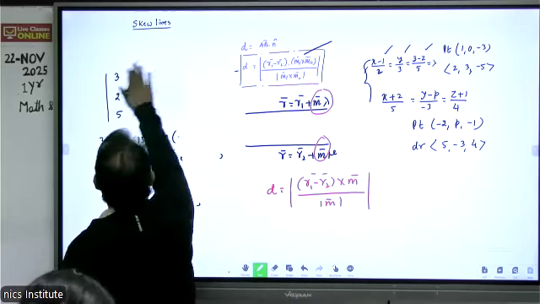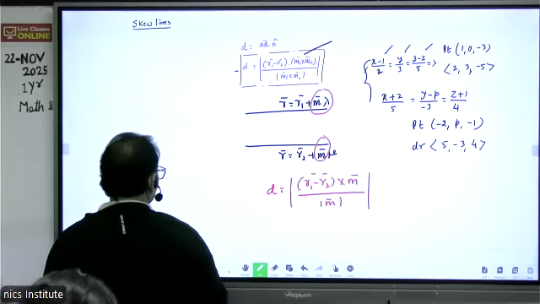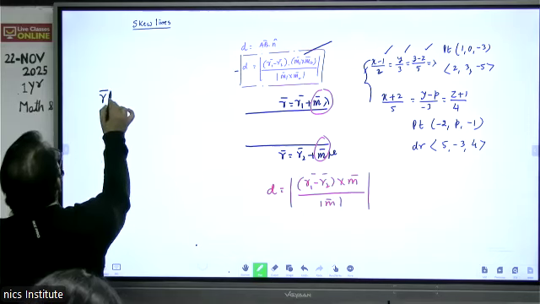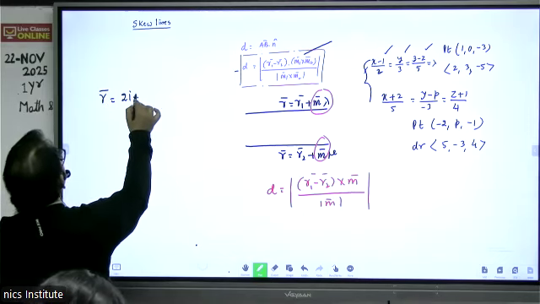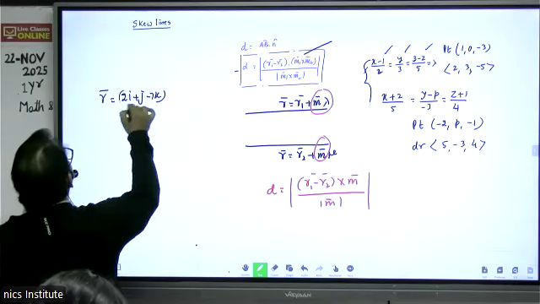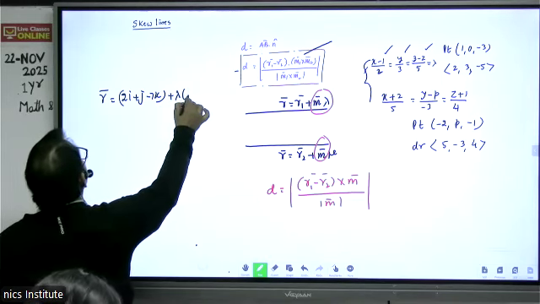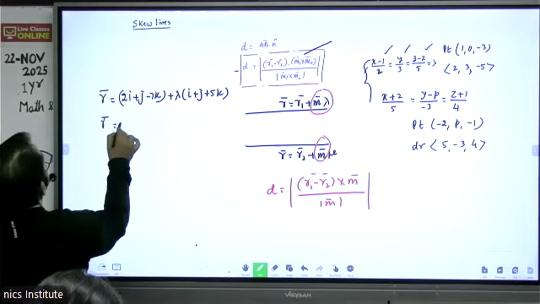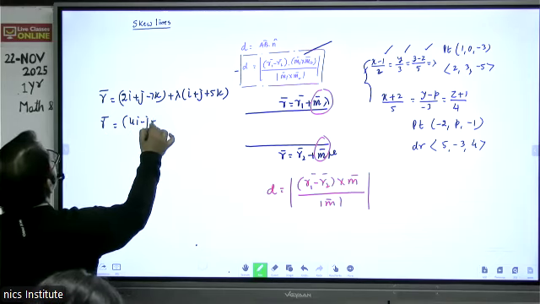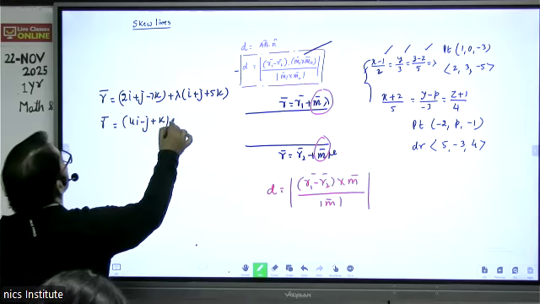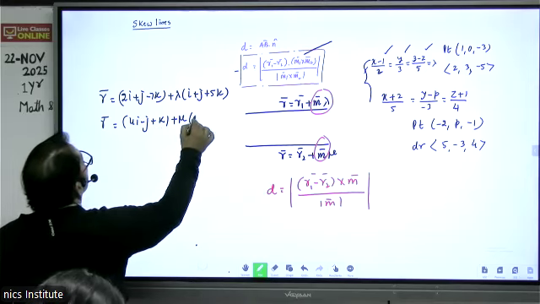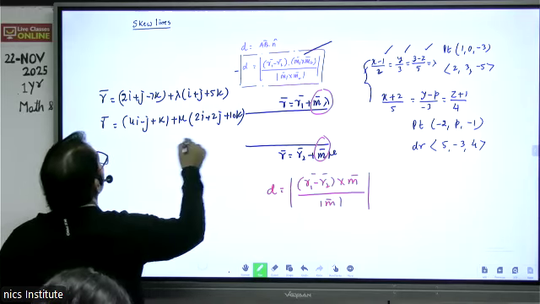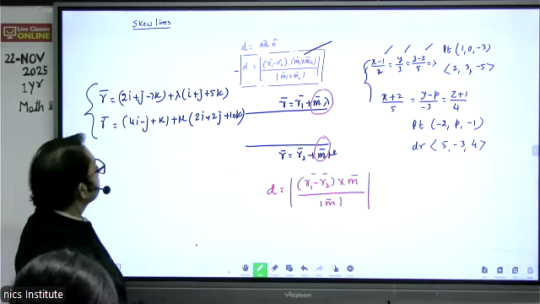So this is for parallel lines. Find the shortest distance between these two lines.